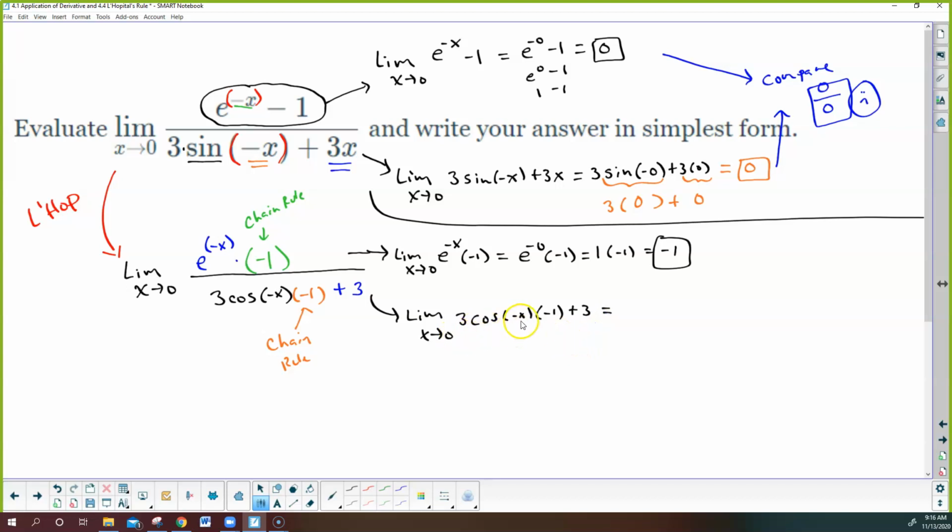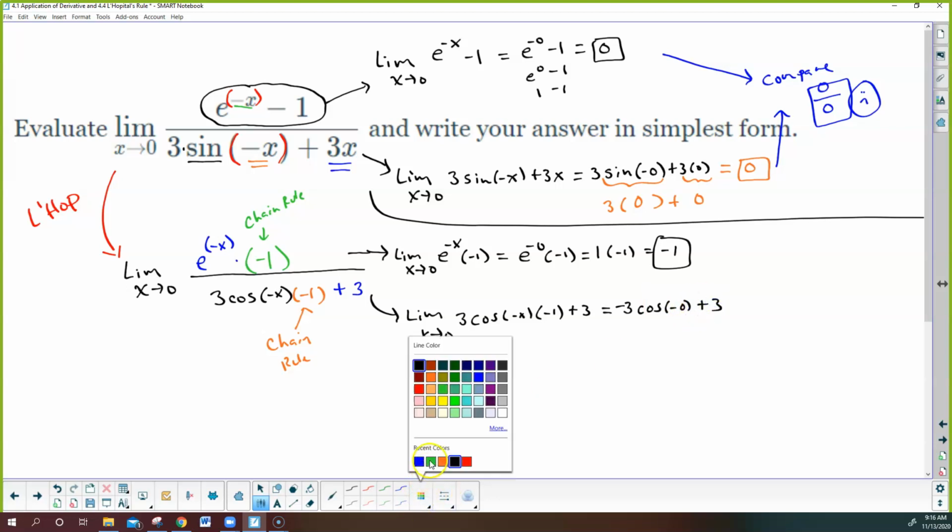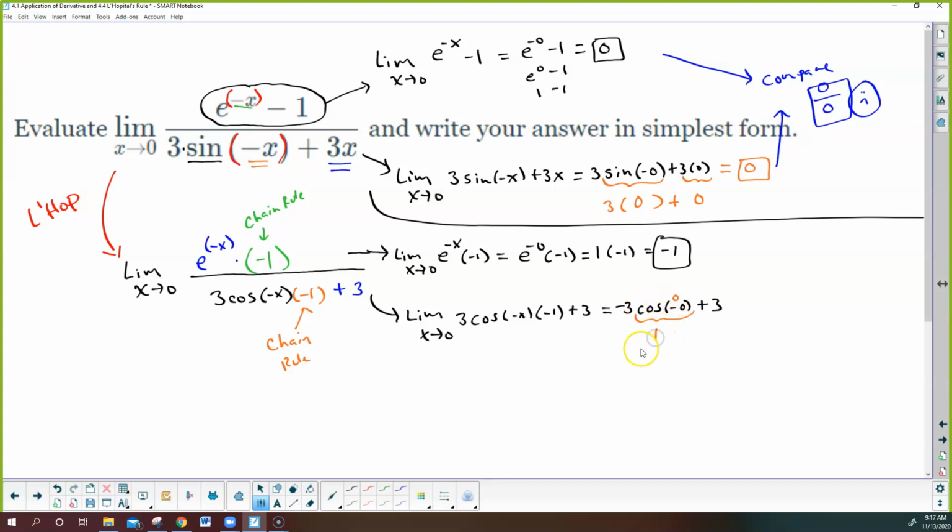But now I'm just going to plug 0 in here. I think now I'm going to take this negative and put it with the 3. So it'll be negative 3 cosine of negative 0. So I don't write that negative because I put it on the outside, plus 3. And then we know that negative 0 is really just 0. Cosine of 0 is 1.